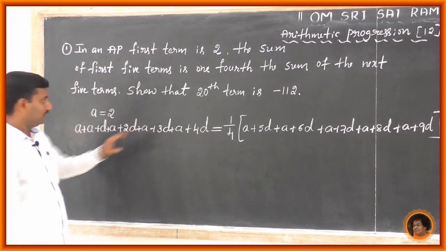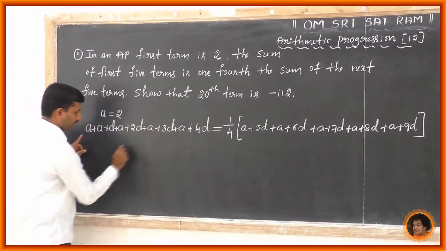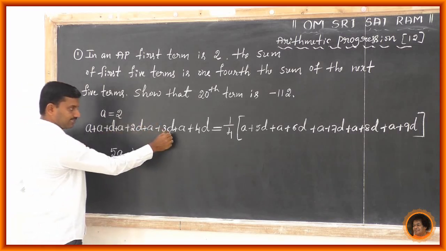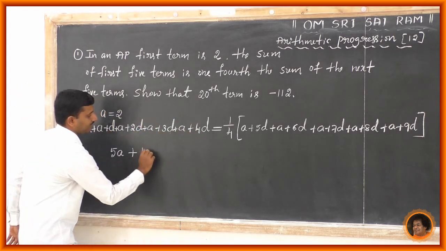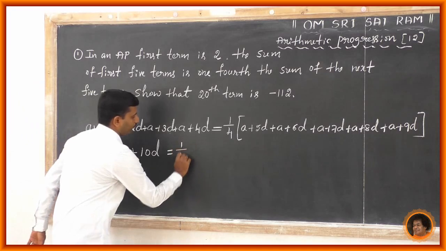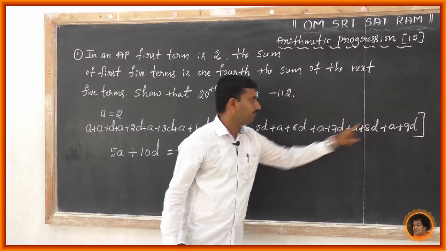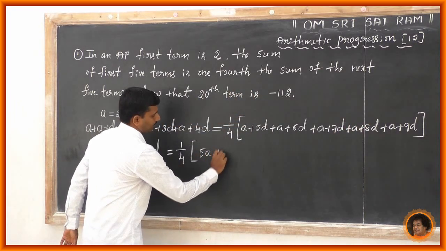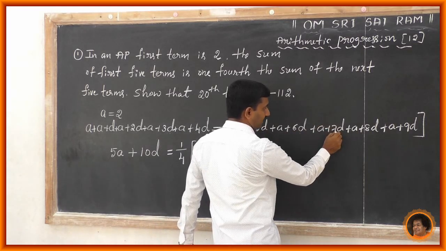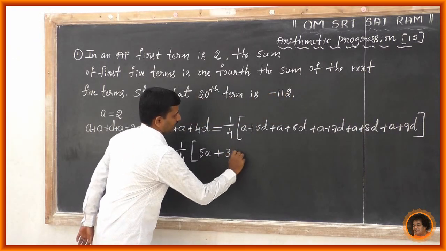Now solve this one. So here the like terms: a plus a, 2a, 3a, 4a, 5a. So 5a plus d plus 2d, 3d plus 3d, 6d plus 4d, 10d. So 5a plus 10d equal to 1/4 into 5a plus 5d plus 6d, 11d plus 7d, 18d plus 8d, 26d plus 9d means 35d.